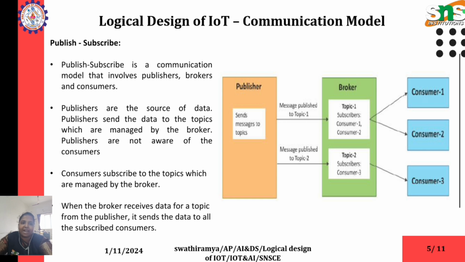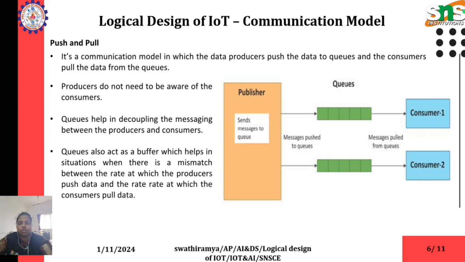Only the broker will handle everything. The publisher does not know who all the consumers are going to read their topic. The broker will have the list of topics and a list of consumers who are subscribed. So, the publisher will put the message to the broker. The broker will check the consumer list and send the message to the concerned consumers. This is how the publish-subscribe model works.